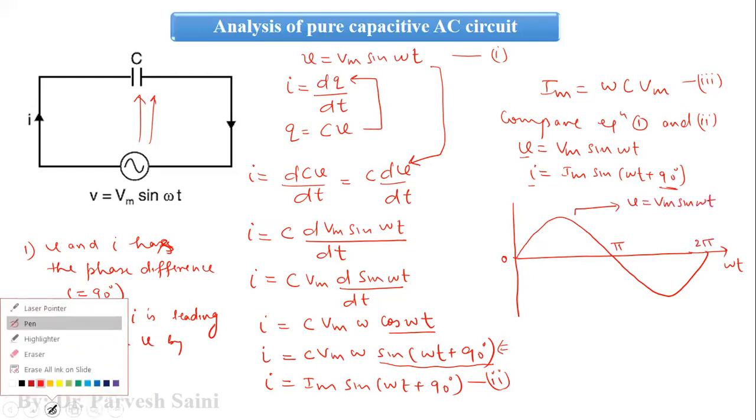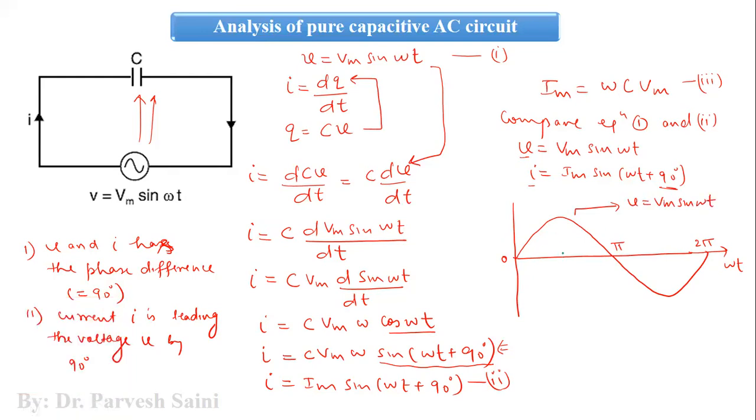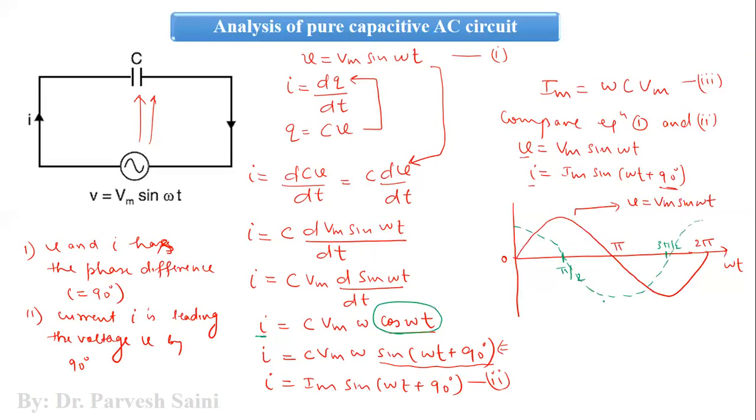Now let us draw the current waveform. The current waveform will start 90 degrees before the voltage waveform has started. That means I will follow the cosine wave, right? So it will start from here, 90 degrees prior. This is your current, I is equal to Im sine omega t plus 90 degrees.